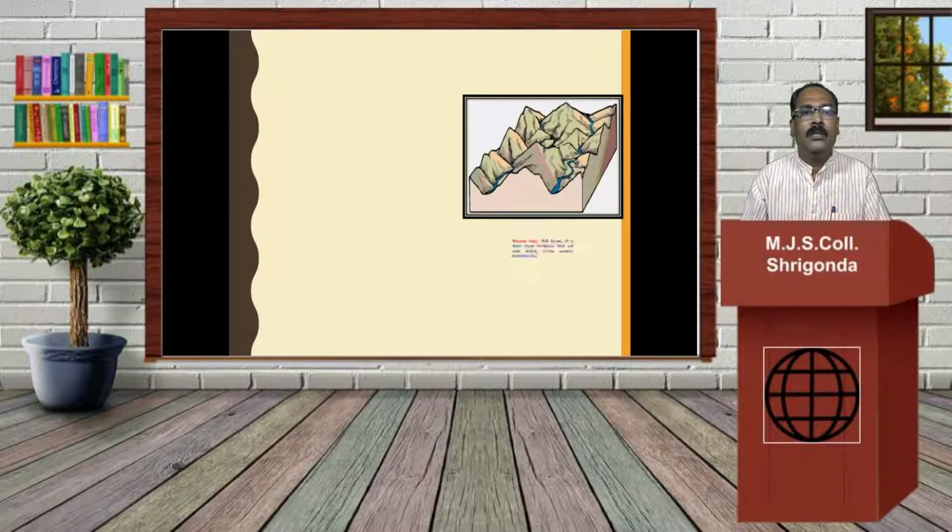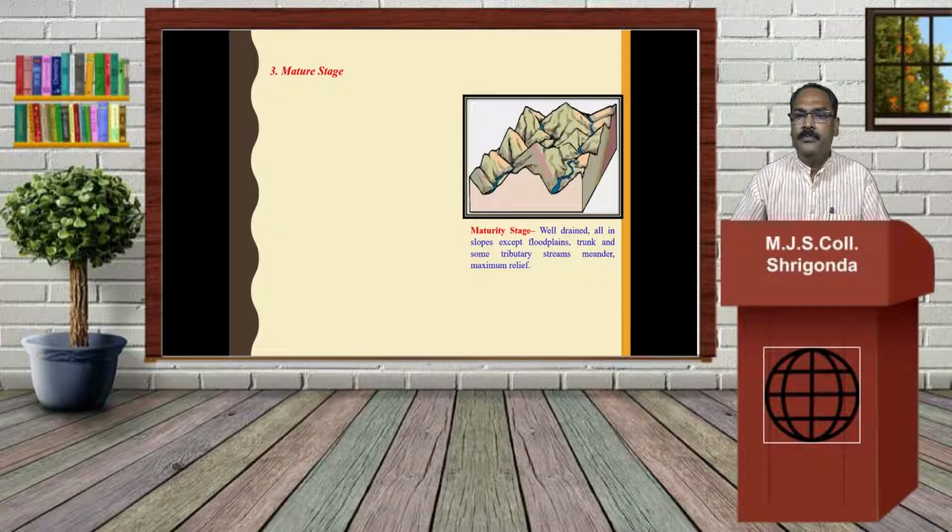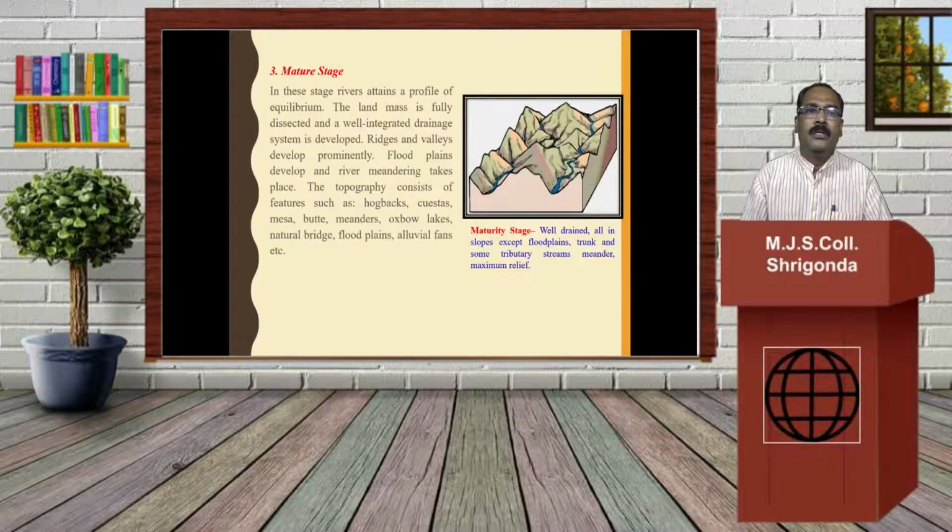Now the third, mature stage: the land will drain all the slopes except the floodplain, trunk and some tributaries. Stream meanders, maximum relief. In this stage, the river attains the profile of equilibrium. The landmass is fully dissected and a well integrated drainage system is developed.